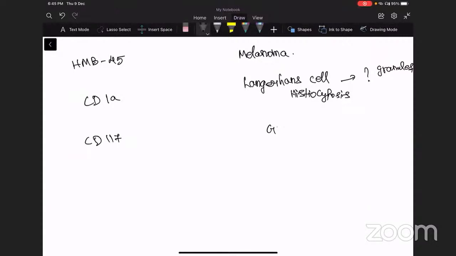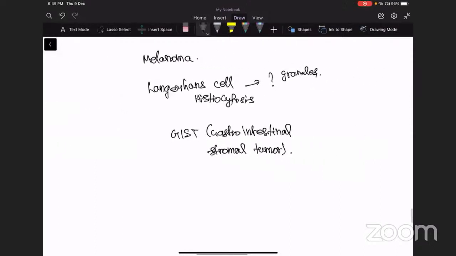CD117 is the marker for GIST, gastrointestinal stromal tumor. Very good, Sampath Jojo. Birbeck granules. And what is that appearance seen with Birbeck granules? Very good, Sampath.